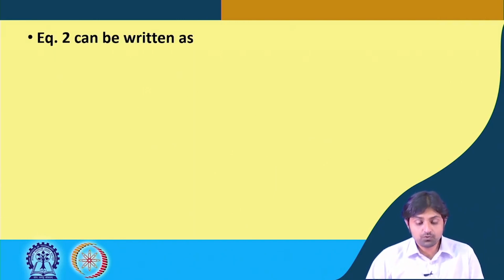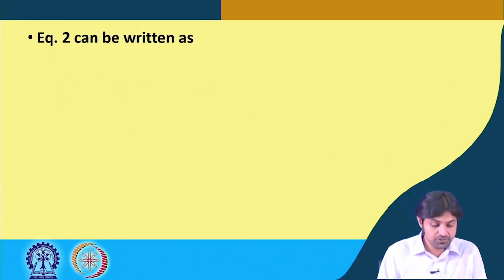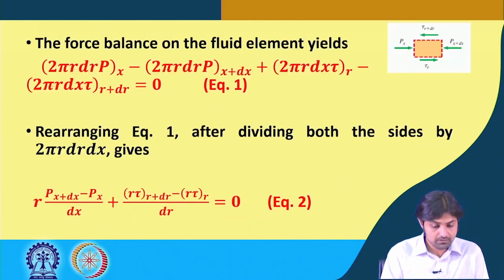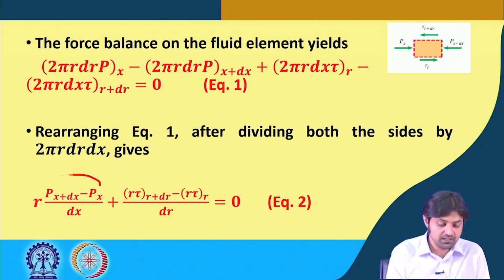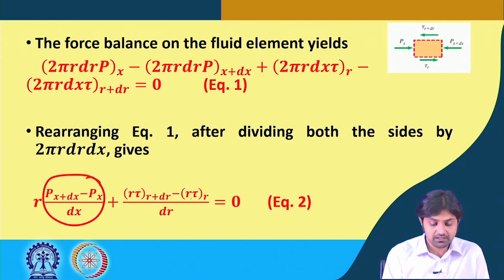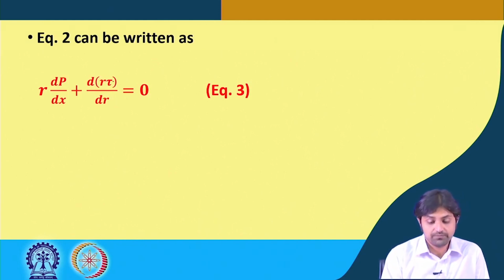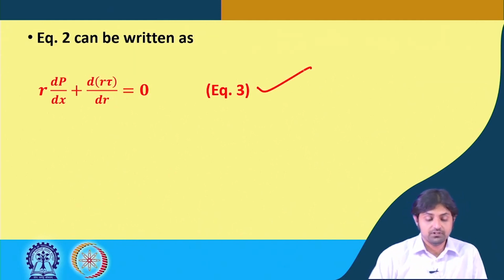Now equation number 2 can be written simply as, you see, this is pressure at x plus dx minus P at x by dx, so it can be written as dP/dx, and this can be written as d(r tau)/dr. So this is the differential form of the equation.